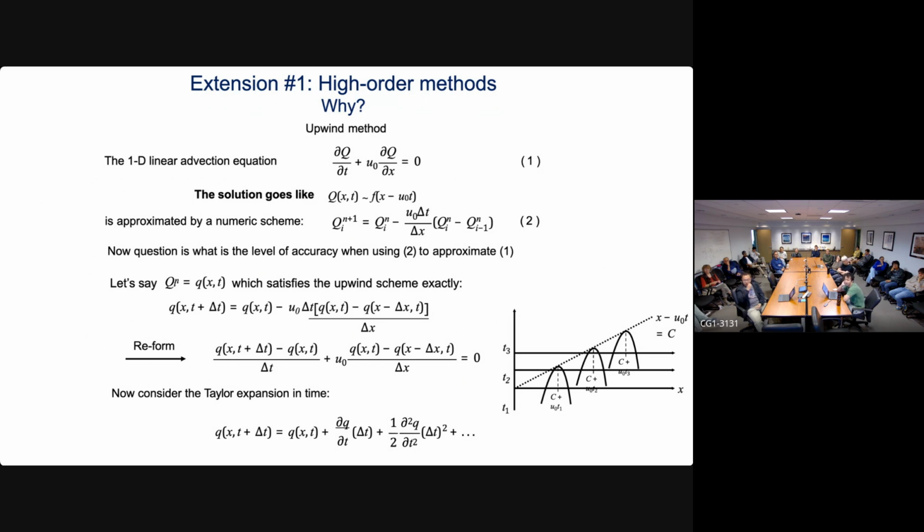Things are different if we solve the equation numerically. We need to have temporal and spatial discretization. Here I just use a first order method for temporal discretization, and spatially I use the first order upwind method. And then we do the Taylor expansion.